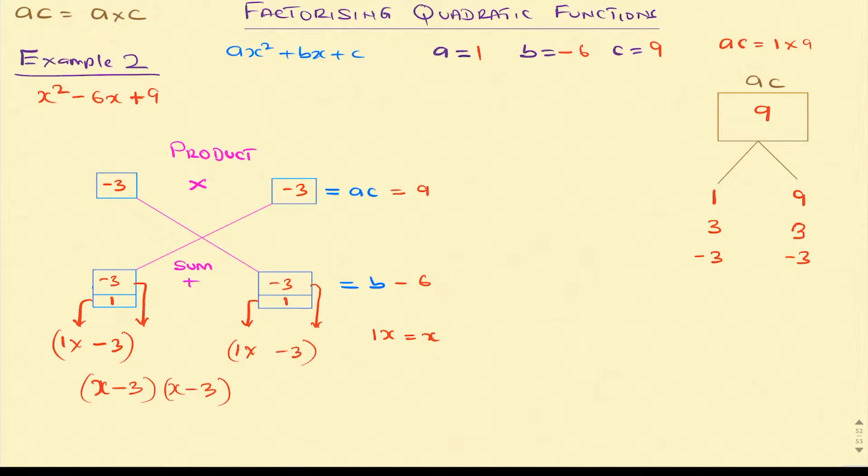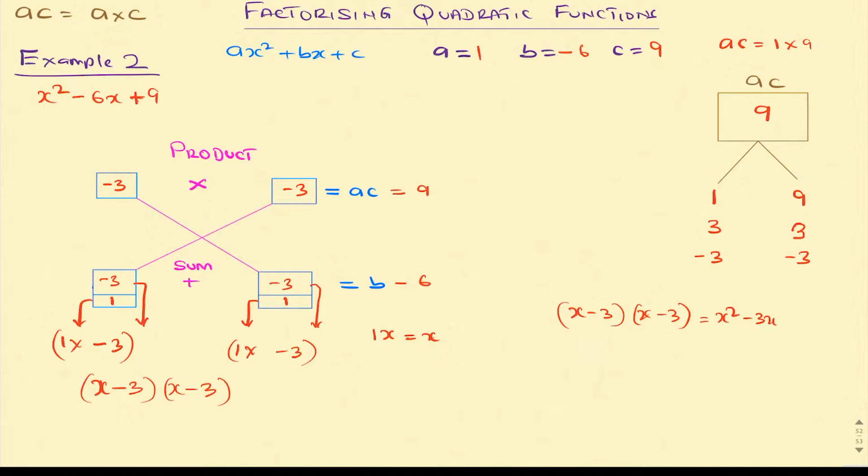In order to justify the answer, we need to multiply or expand out the brackets and see if we get back the right answer. So x minus 3, x minus 3. x times x is x squared. X times minus 3 is minus 3x.